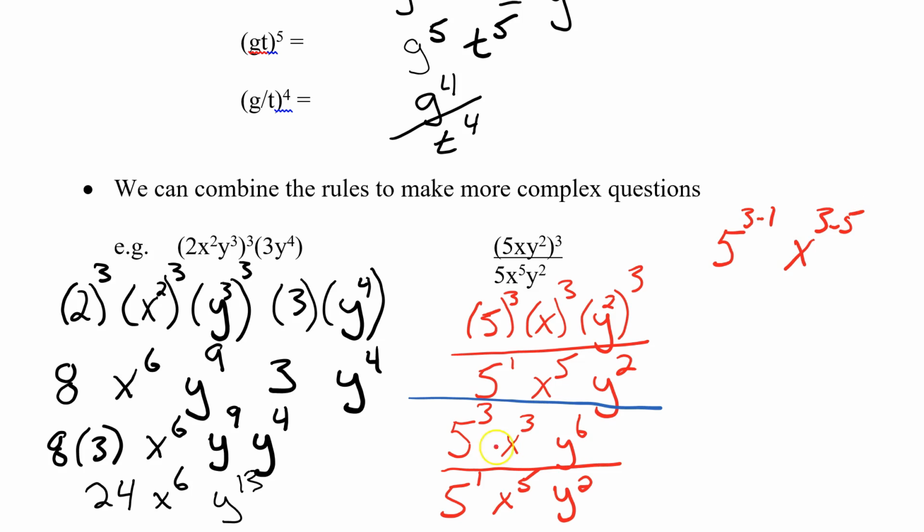And watch that the numerator is your first number, denominator second. And then I've got y to the 6 minus 2. So 3 minus 1 is 2, so that's 5 squared. 3 minus 5 is negative 2. And 6 minus 2 is 4.